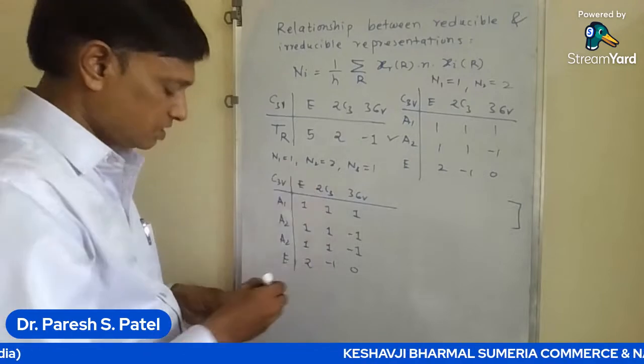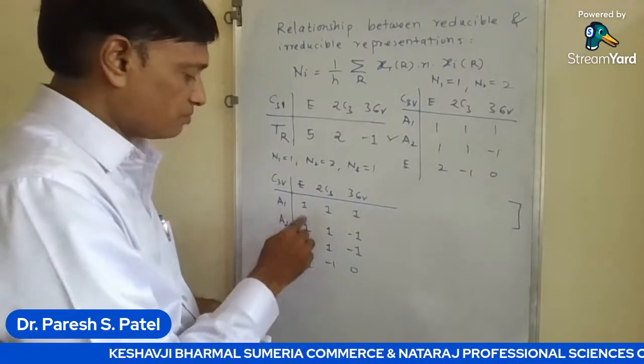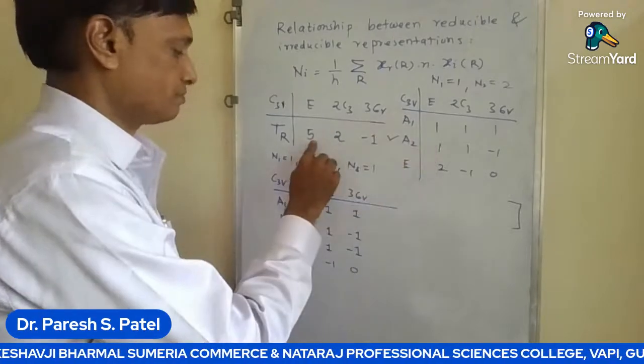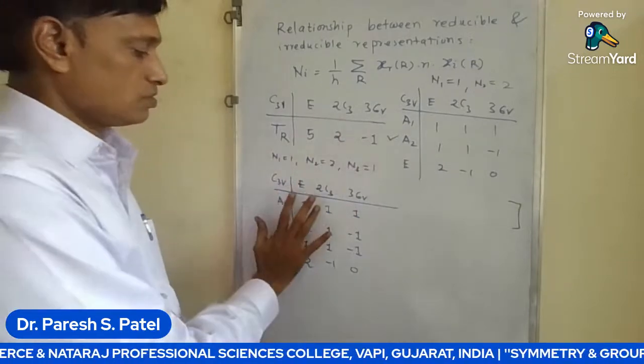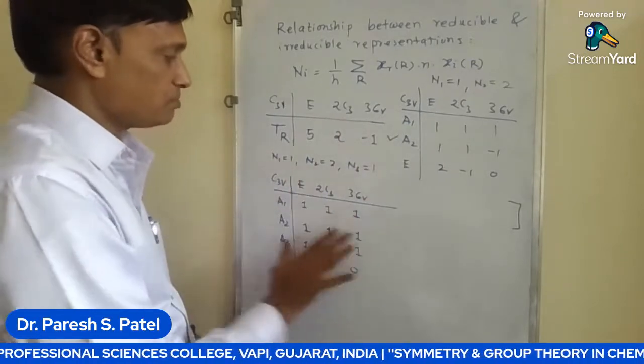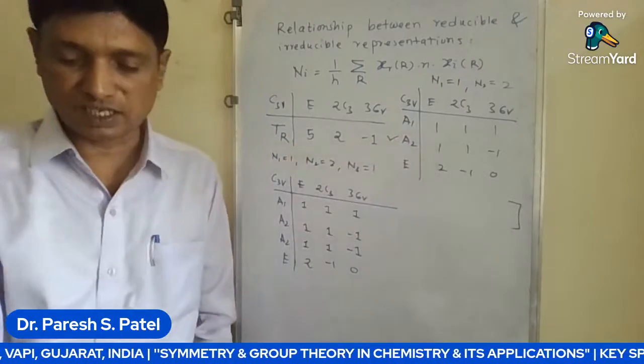So these are the irreducible representations. We can check: 1 plus 1 plus 1 plus 2 is equal to 5. These are the irreducible representations of this reducible representation with the help of this character table.